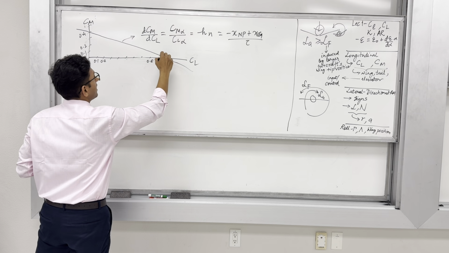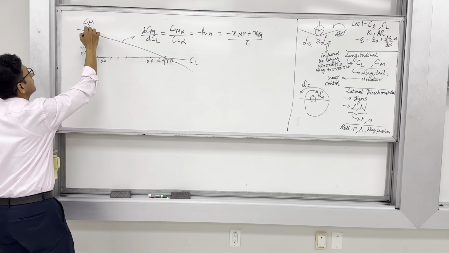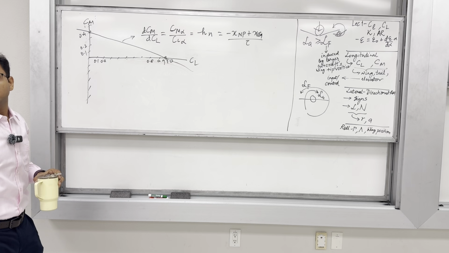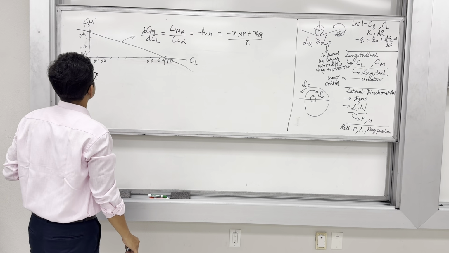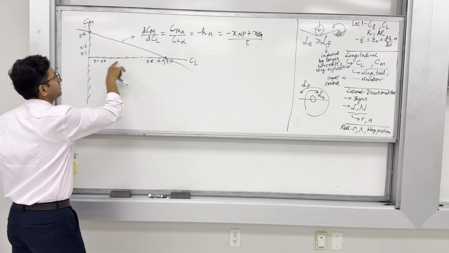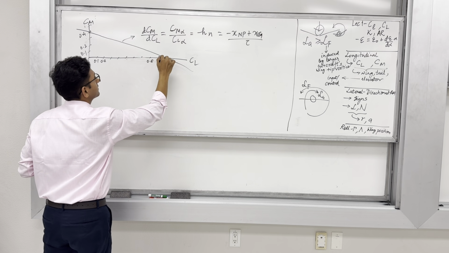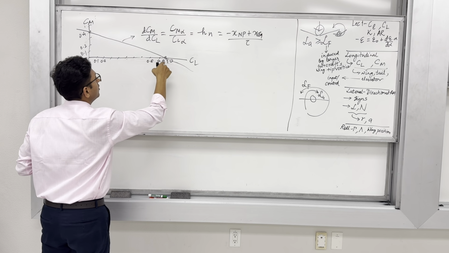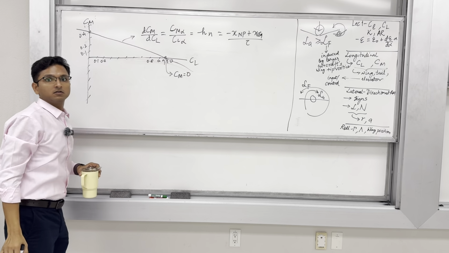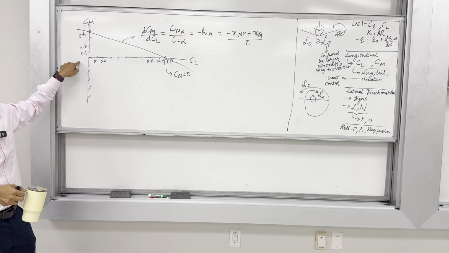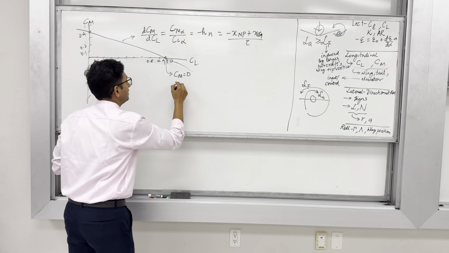Where does the graph cut the x axis and where does the graph cut the y axis, right? So, what does this mean? Let us look at the x axis, or the CL axis. It is cutting it at 1.0. So, what is the Cm here? It is 0, right, which means CL trim is going to be this.